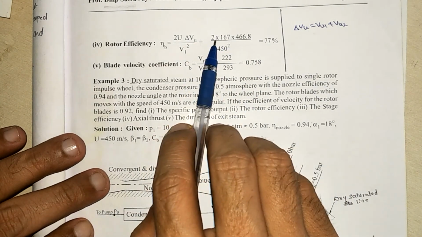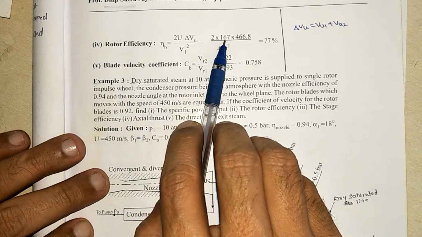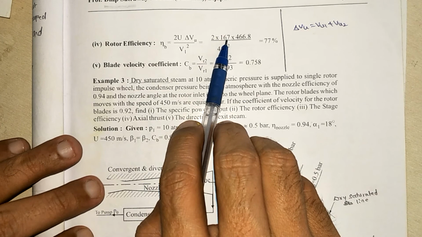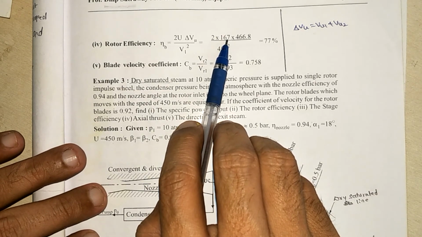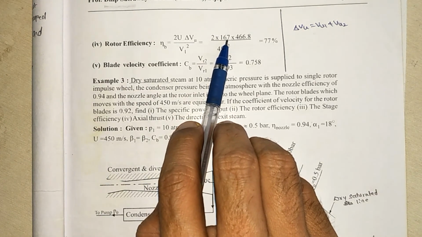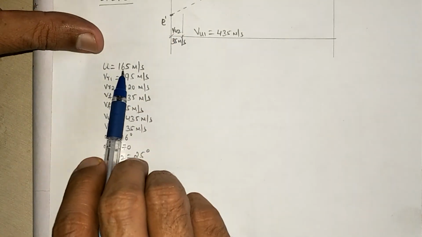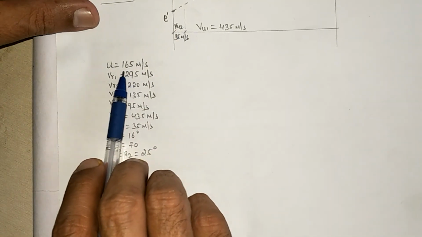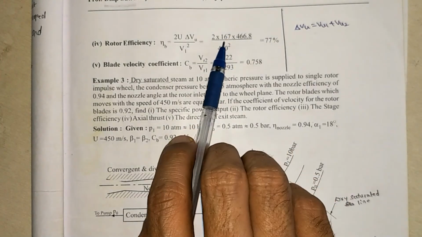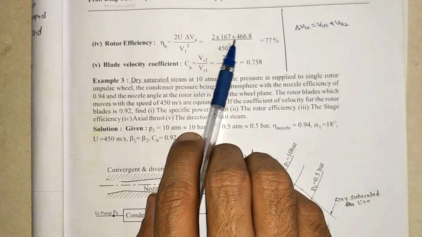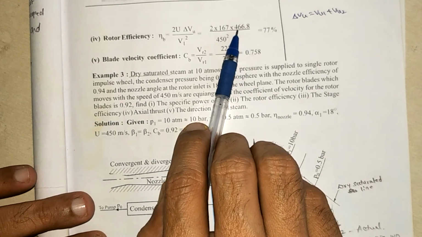So 2 into 167. The value of u that we have obtained is 165, as you can see here. This is also considerable, but some marginal error is there, so we'll go with this value. So 2 into 167 into 466.8.